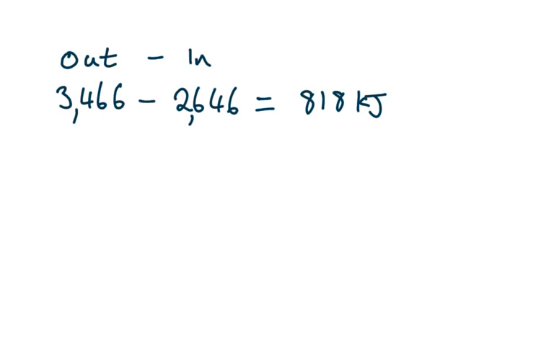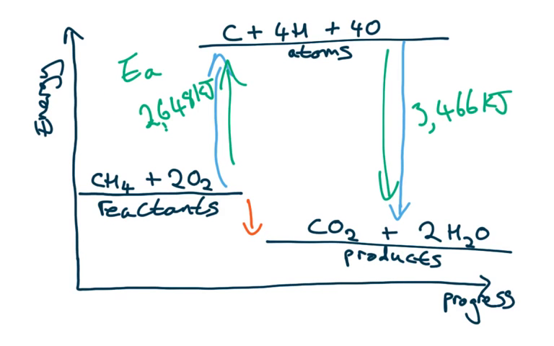So this reaction is exothermic. I can now pop this 818 kilojoules of energy here. And you can see, compared to the amount of energy that went in and the amount of energy that came out, this isn't actually that much energy. And this is why I can burn methane bubbles quite happily on my hands.